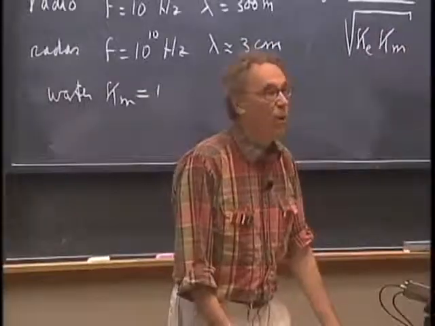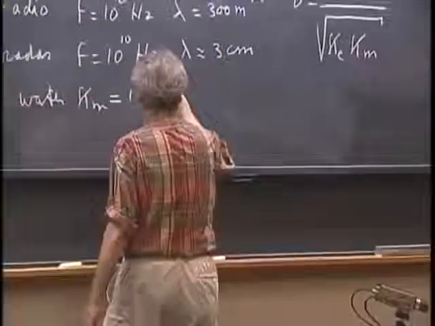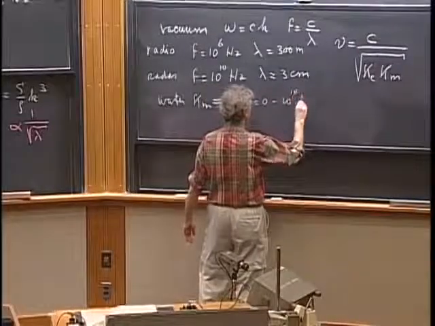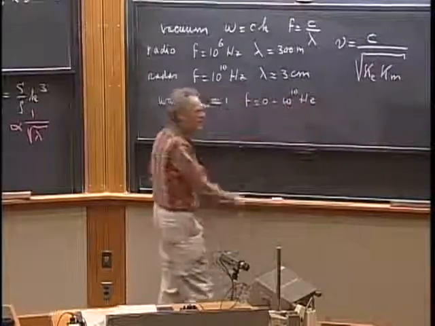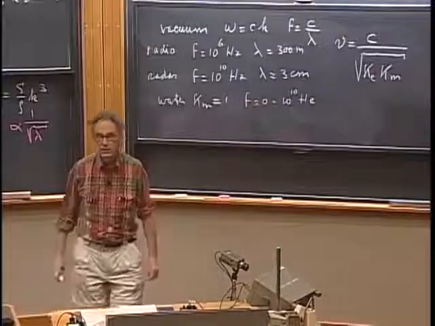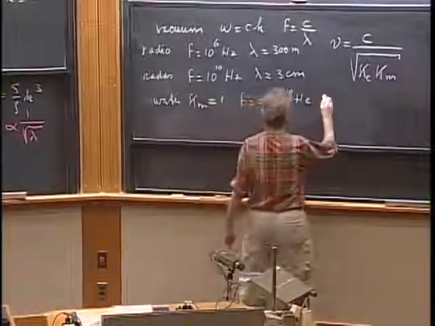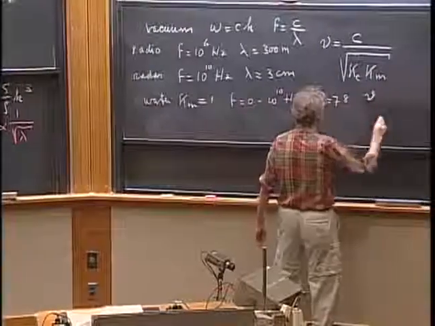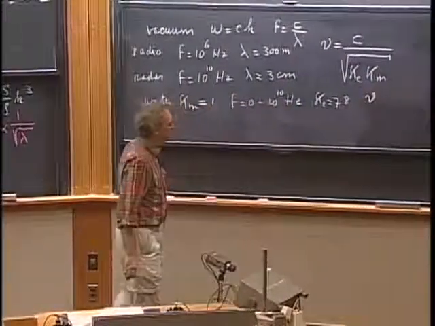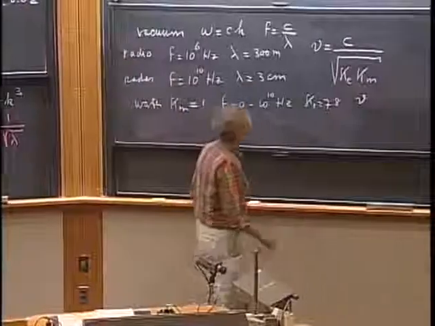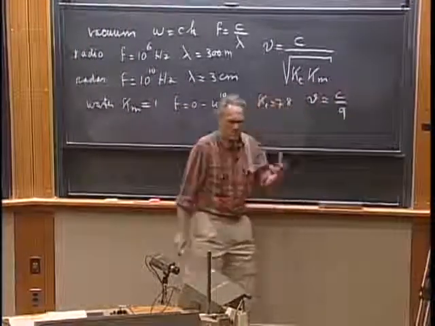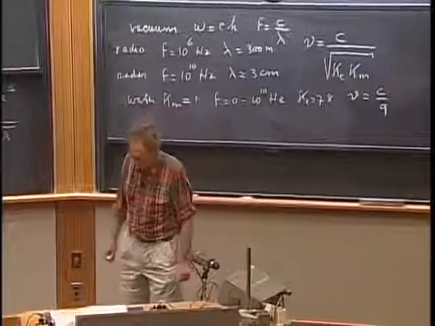It's huge for water. If you look in the frequency range, f is about 0 to 10 to the 10 hertz. So that is our 10 gigahertz, that is radar. Kappa E is about 78. So that means the speed of radar in water is 1/9 roughly of c. So it's only 10% roughly, it's 10 times slower.